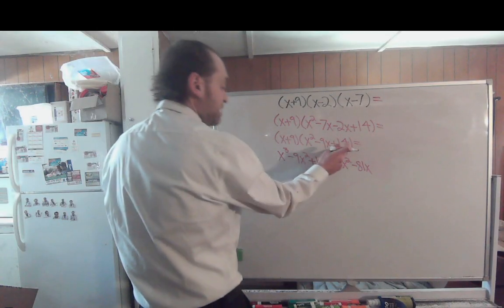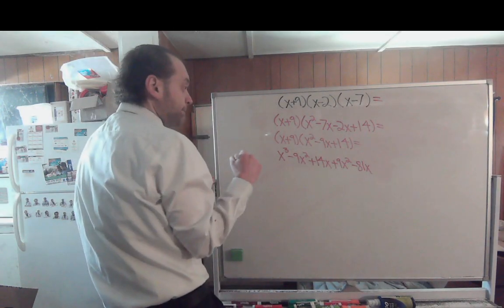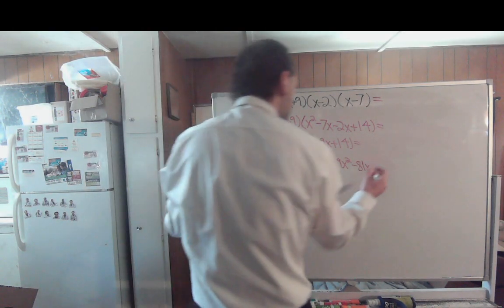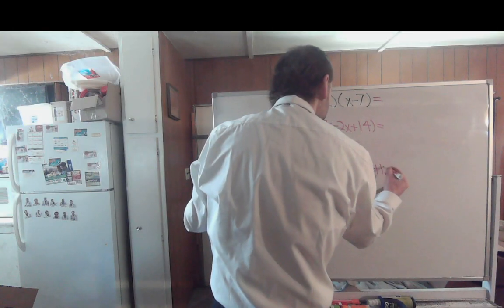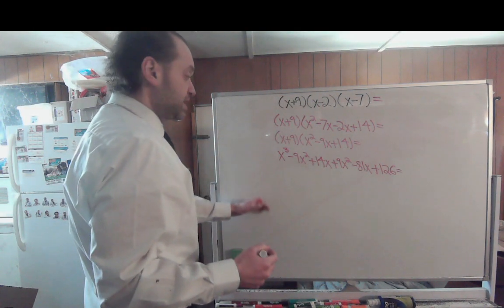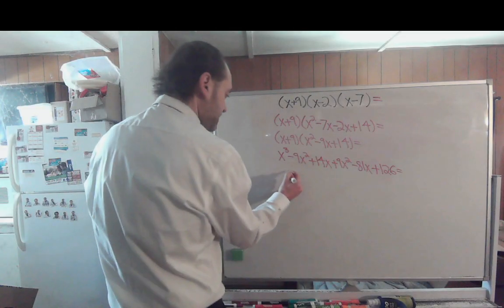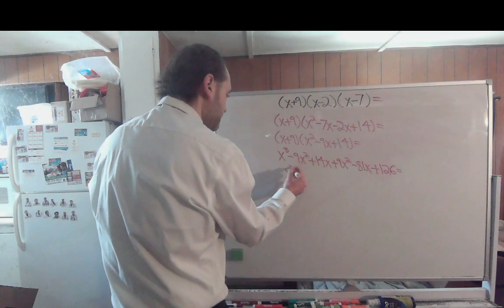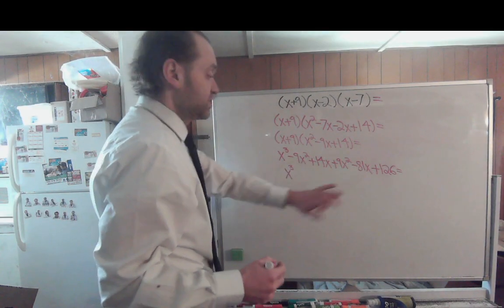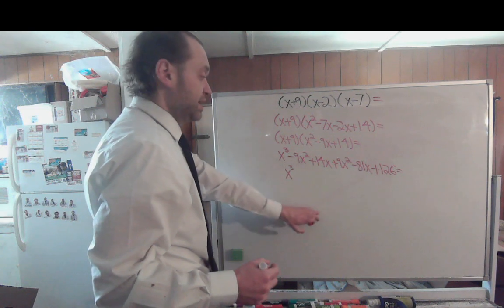Then you have 9 times 14, so 108, 117, 126. So you would end up getting 126. Now you just go through and add and subtract everything. You have only one x to the third term, so you'll get x to the third. Then you have negative 9x squared plus 9x squared, so your second degree term will cancel out.